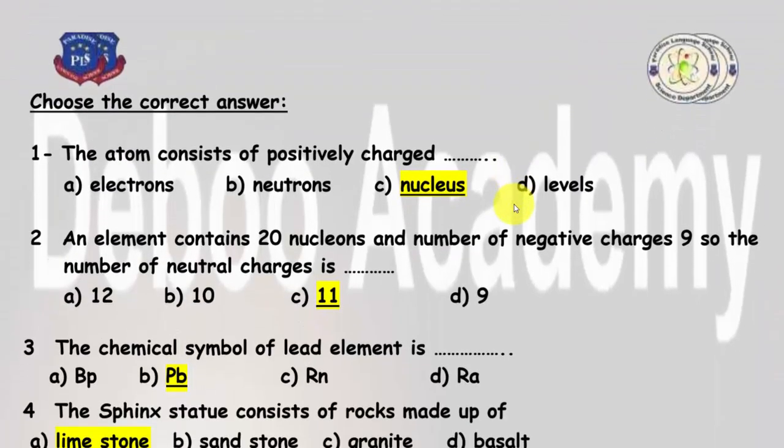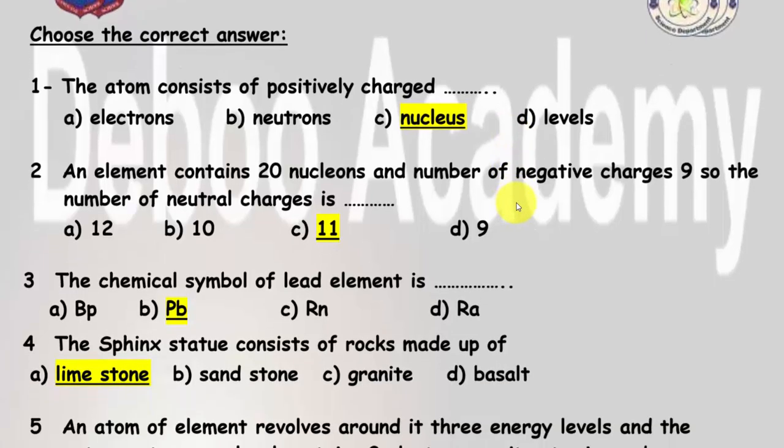Let's go to choose. The atom consists of a positively charged... We said that the positive charge is the nucleus in the middle and the electron is negative. So the answer will be nucleus. An element contains 20 nucleons. We said that nucleons are protons plus neutrons, and the number of negative charges is 9.